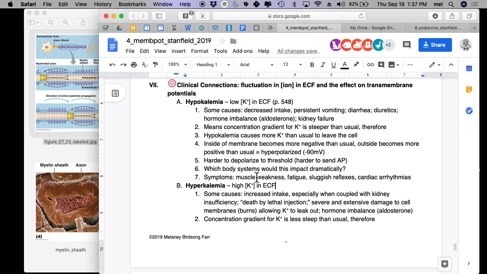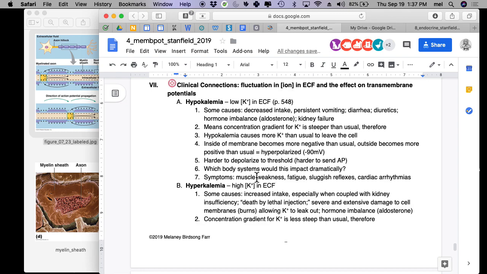No, we hope it doesn't. But you might go beat, beat, skip a couple beats, right? Or the atria contract a little too long before the ventricles contract, and they become discoordinated from one another. Because you don't depolarize to threshold every time you intended to, because you're sitting there hyperpolarized at rest. Got it?